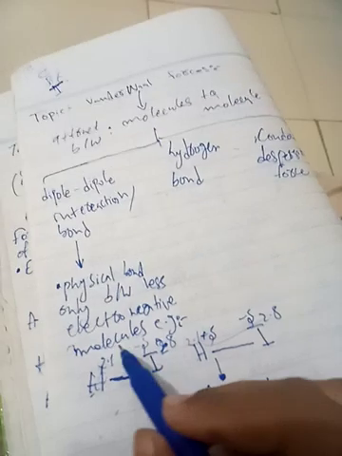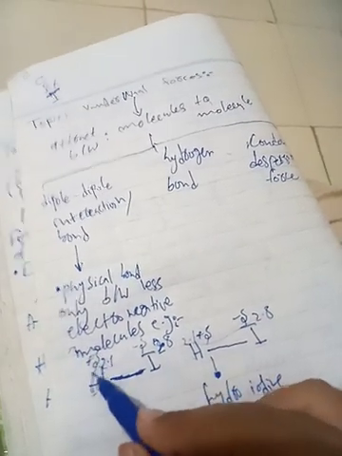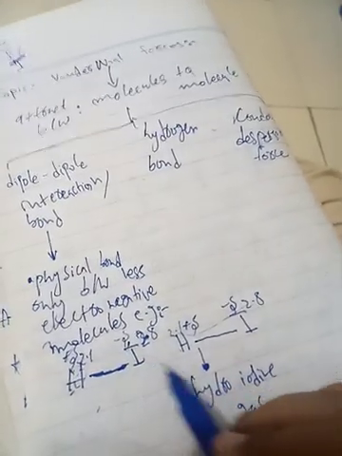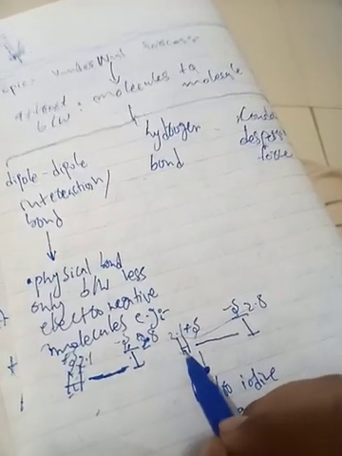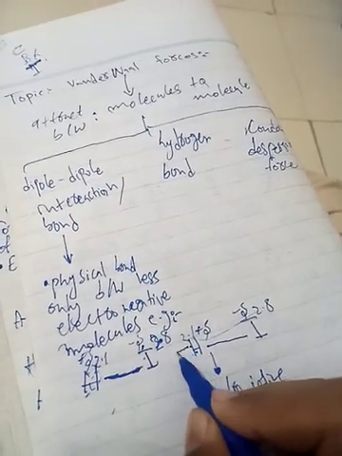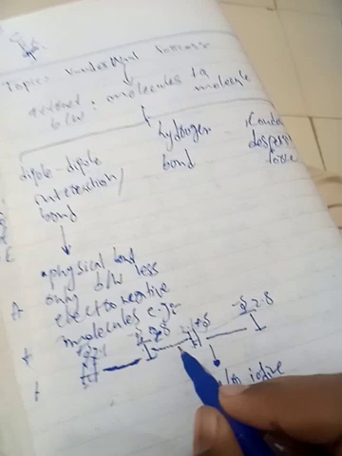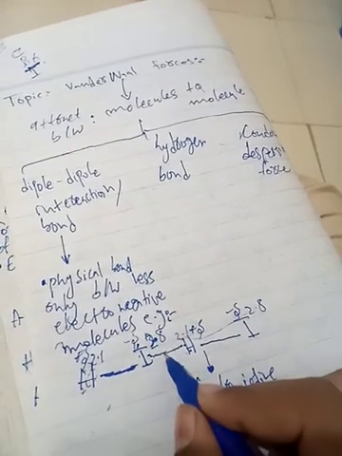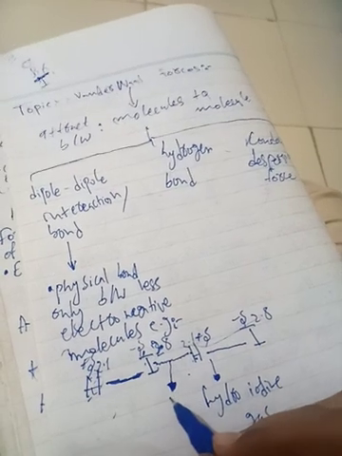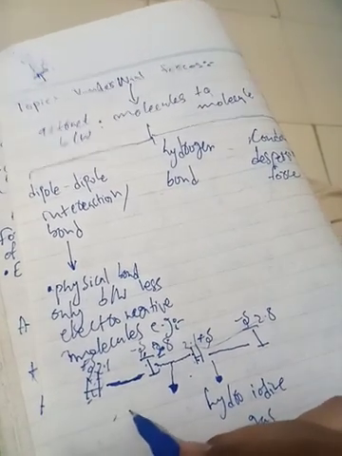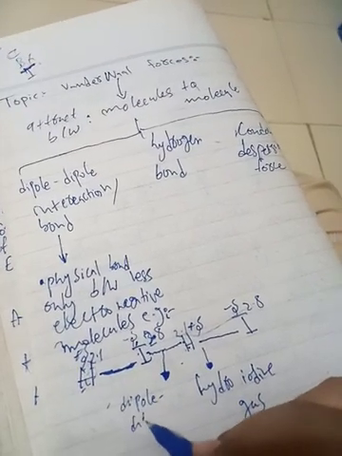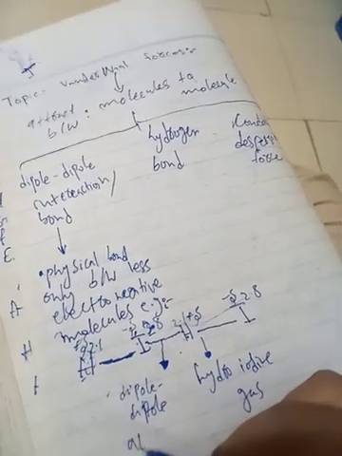The same thing happens in the other molecule. Between positive and negative charge there is an attraction, and that attraction between the less electronegative molecules is called dipole-dipole attraction.